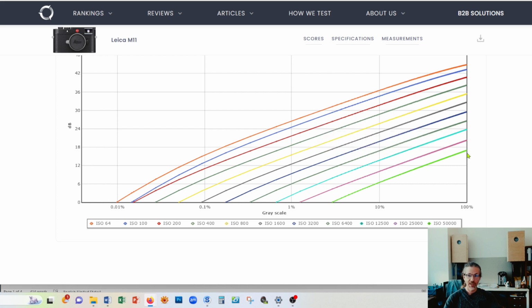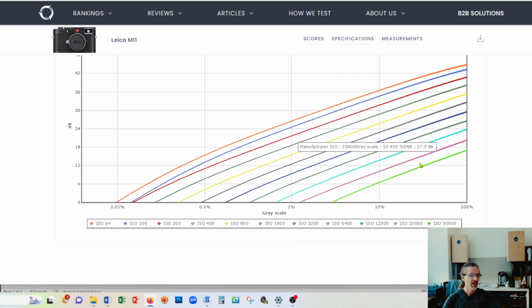And this is why you want to use the lowest ISO setting available to you that you can get by, because it's going to give you an image that can resolve more contrast and more information.